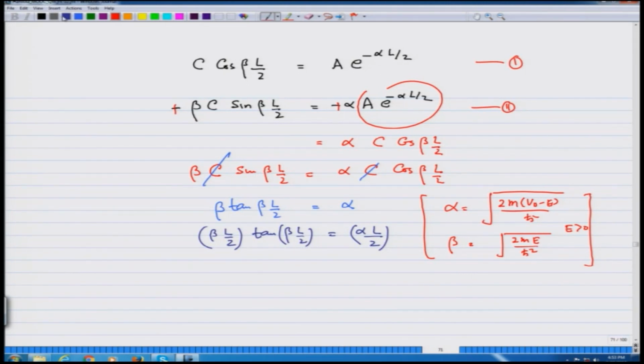Let me call this beta L by 2 some function x, tangent of x equals, let me call this y. This is the equation that we ought to solve to get the energies.